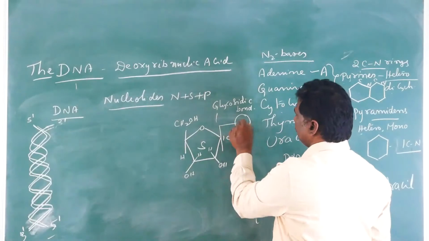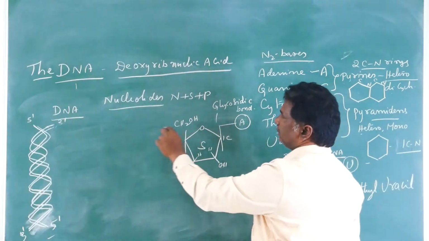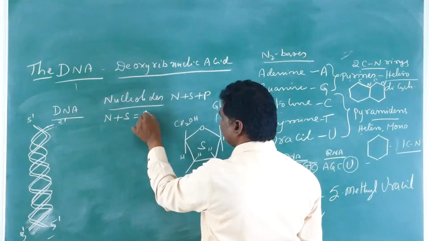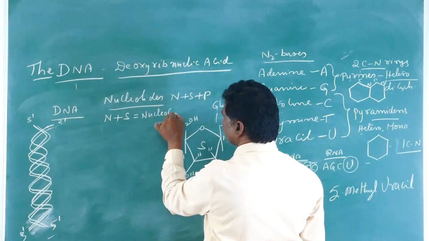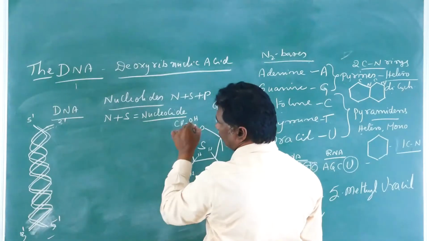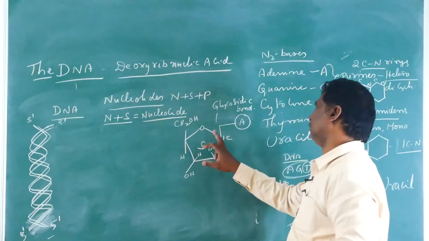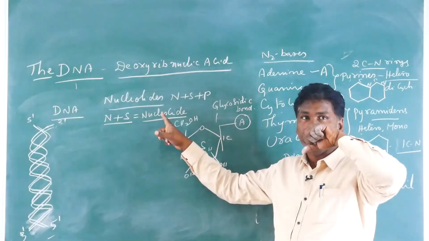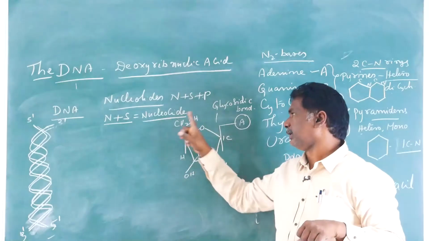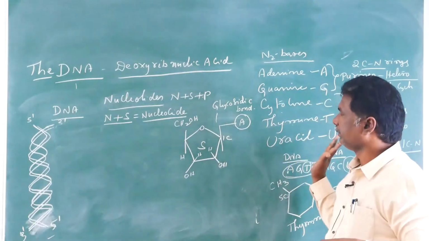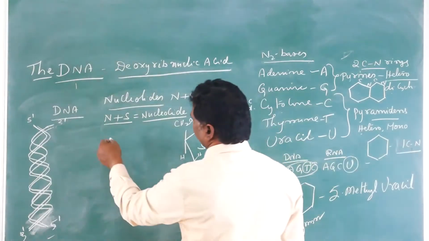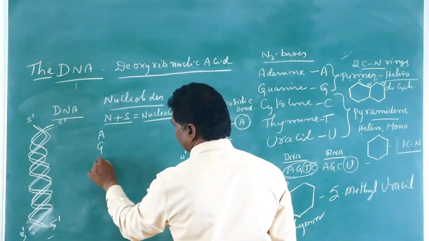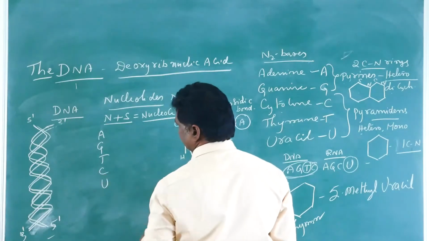Now when the nitrogen base is combined with sugar, it is called a nucleoside, but not a nucleotide. Remember that. We have five bases: adenine, guanine, thymine, cytosine, uracil.